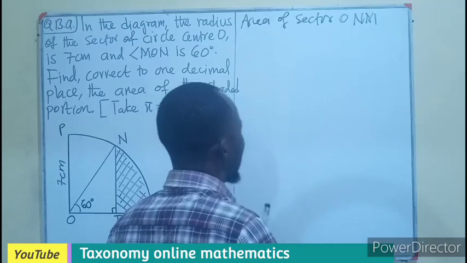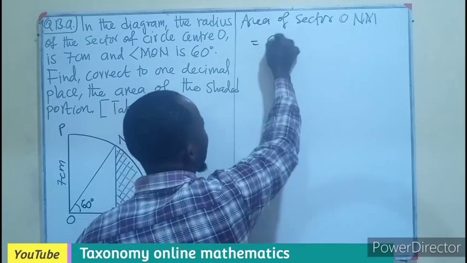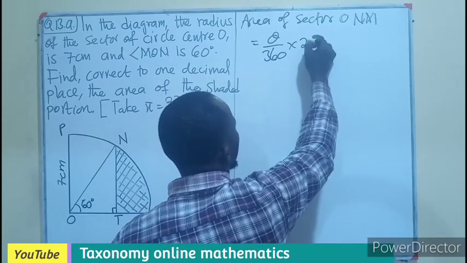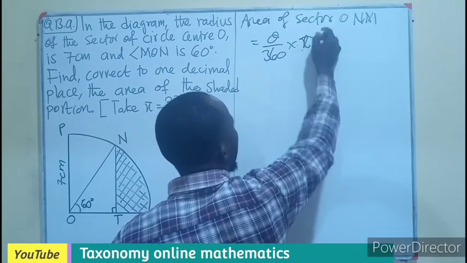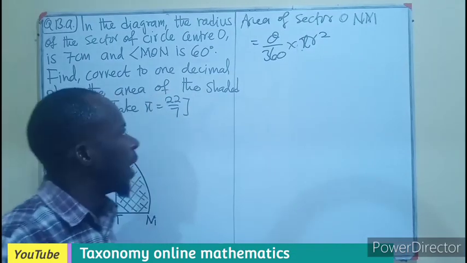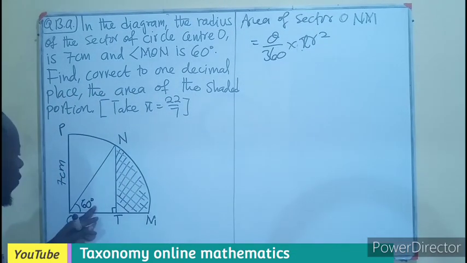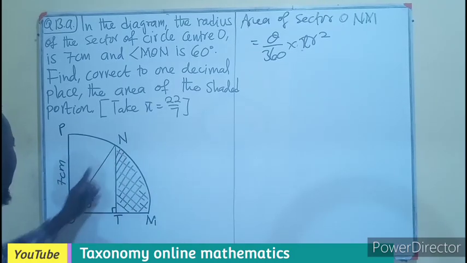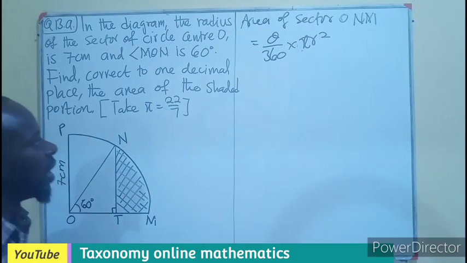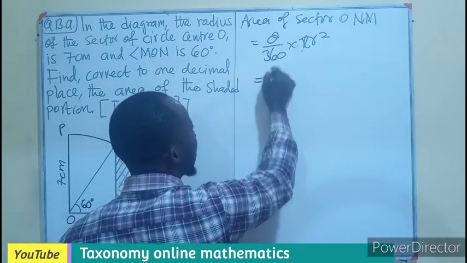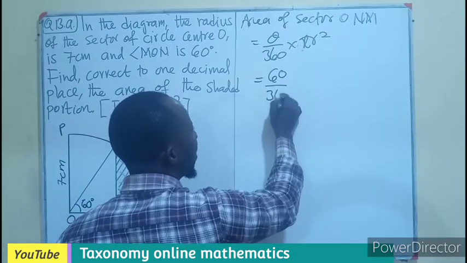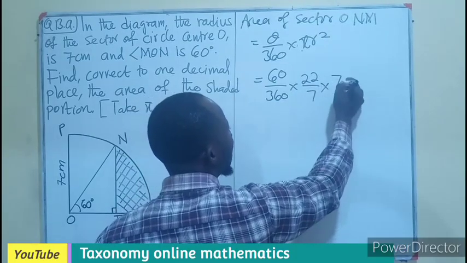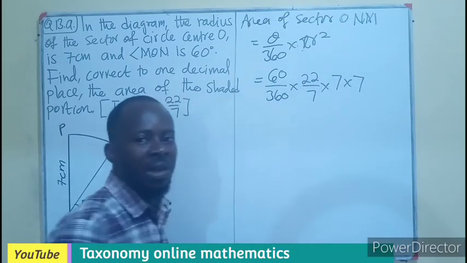So that is given by the formula theta over 360 times pi r squared, where theta is the angle formed at the center, pi is given to us, and the radius is 7 centimeters. By substitution, 60 degrees over 360, times 22 over 7, times 7 times 7, which is the radius.